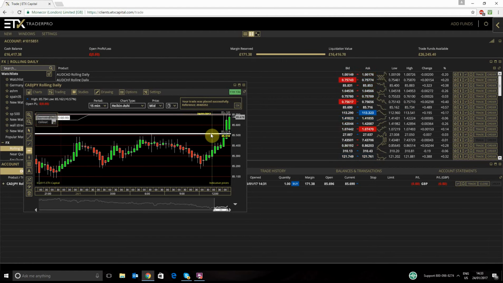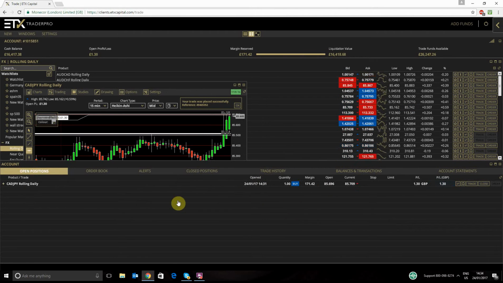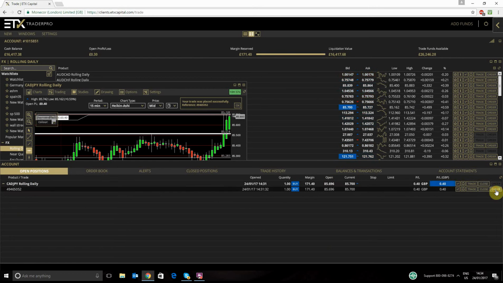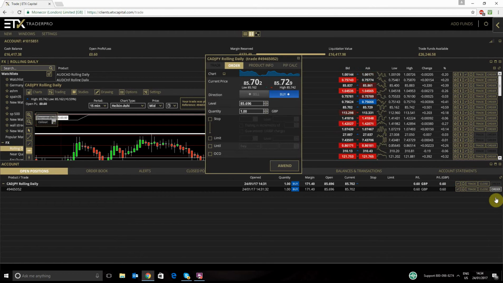So let's see where my stop should be. My stop should be on 85.518 at least. So let's quickly apply our stop. Okay, that's my stop.